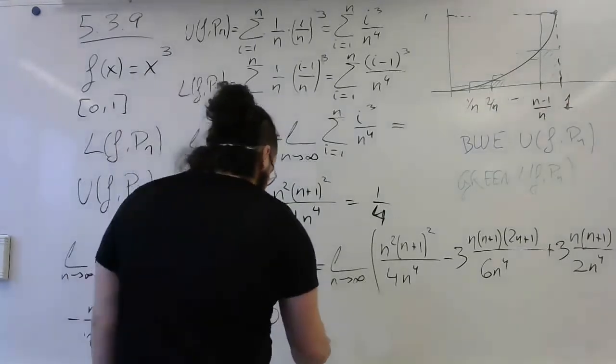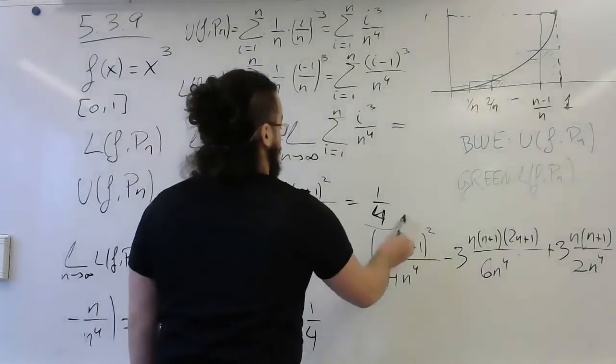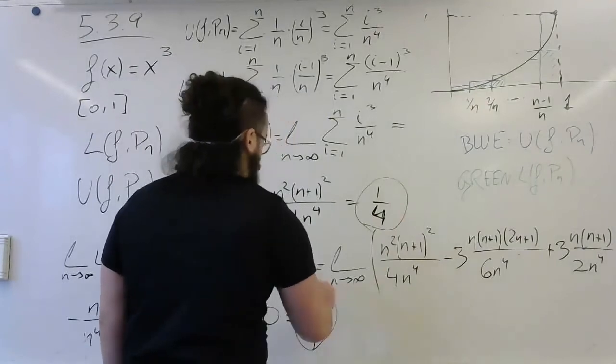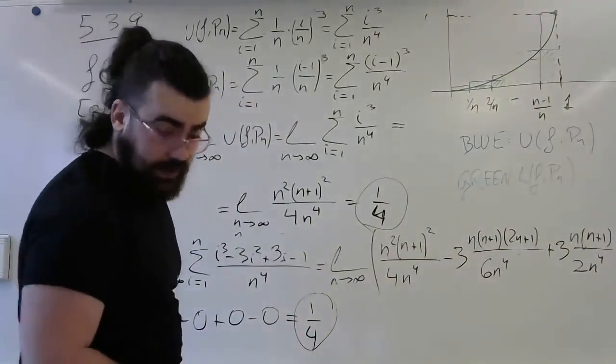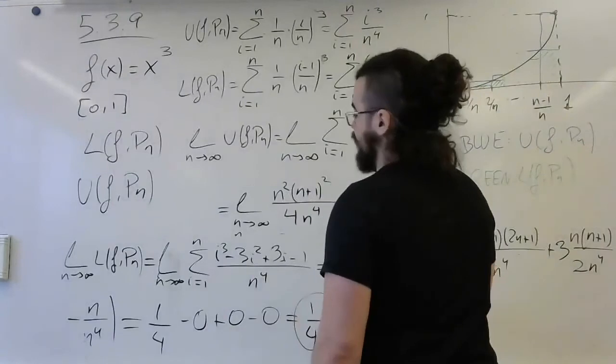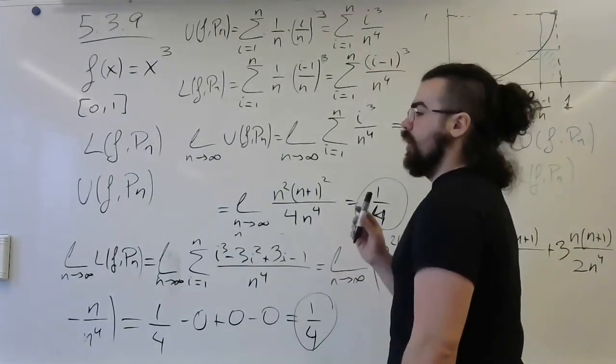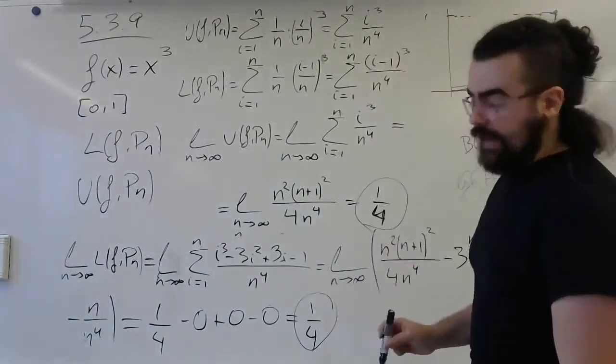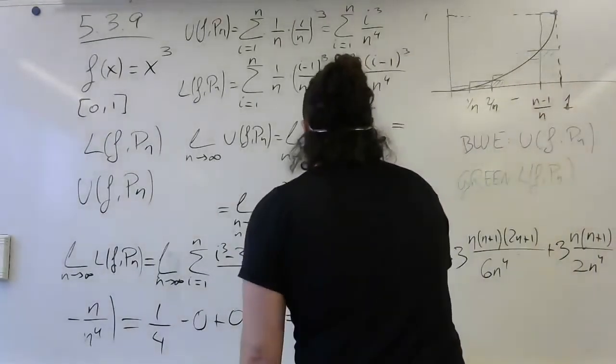One-fourth. What's interesting here is that both limits coincide. And if the limit of both Riemann sums coincides, then that's the value of the Riemann integral.